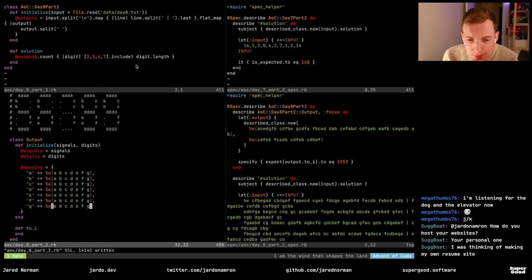There's too many ways to, we can't just try all the possibilities on this, it would be too slow. So what, like 7 factorial? Whatever that is, too big.